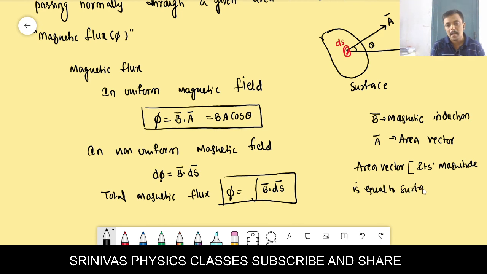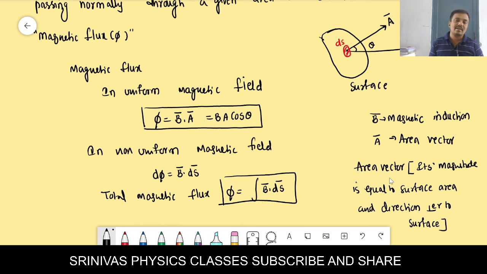The magnitude of the area vector is equal to the surface area, and the direction of the area vector is always perpendicular to the surface. For example, if this is the area, then the area vector will be like this. If this is the surface, then the area vector is always perpendicular to the surface or the plane.